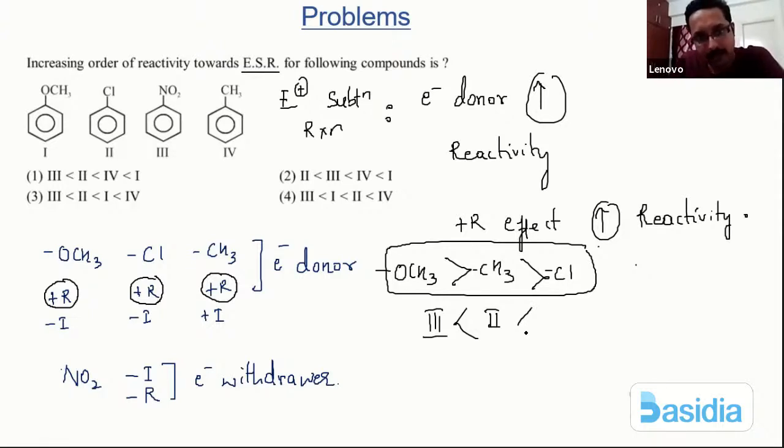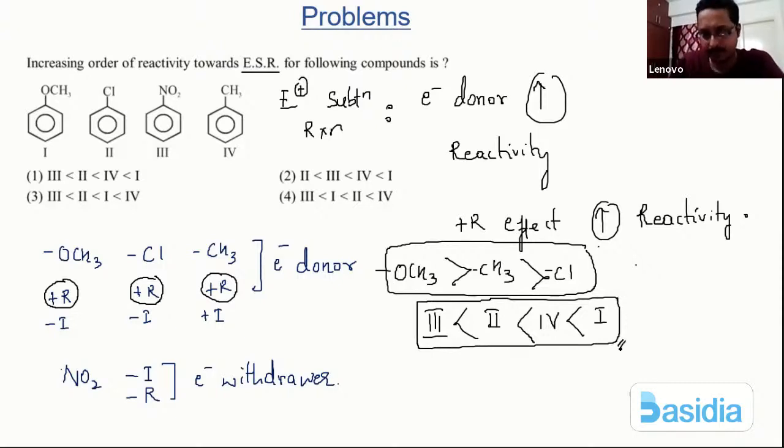Then the reactivity goes on increasing with the 4th one. Then the reactivity is the highest with respect to OCH3. So 3, 2, 4, and 1.